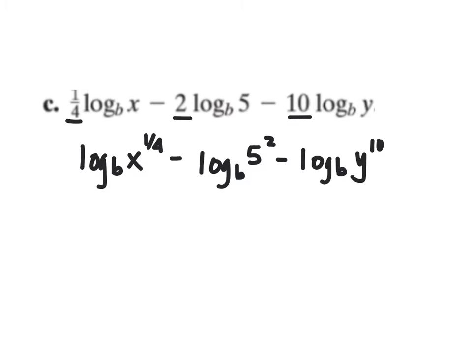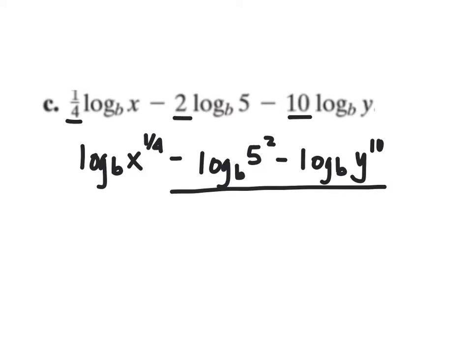Now from here, what I want to do is think about this group here. When I've got repeated subtraction within a logarithmic expression, what I want to do is factor out a negative.